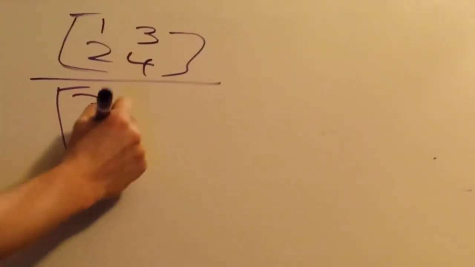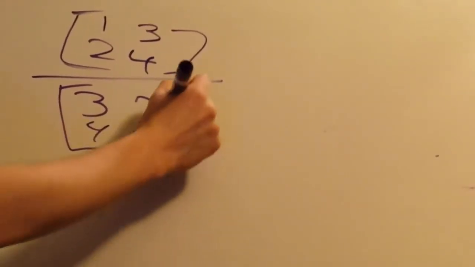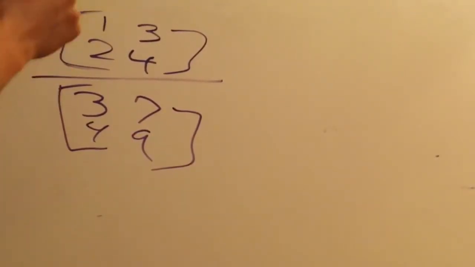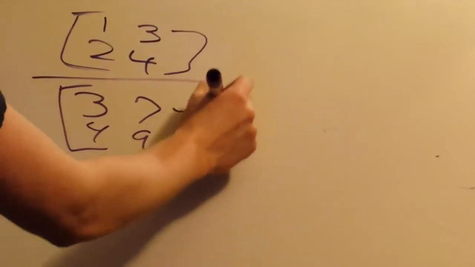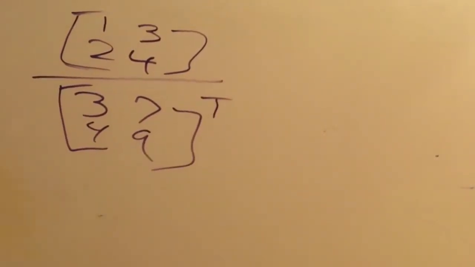When we divide matrices, all we actually do is multiply our first matrix by the transposed second matrix. So if we were going to take this matrix and divide it by this matrix, we would multiply this matrix by this one transposed. The T in the upper right means to transpose the matrix.